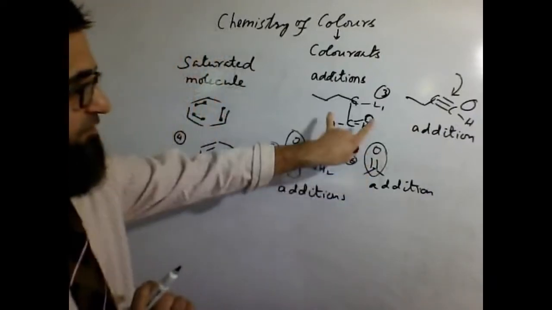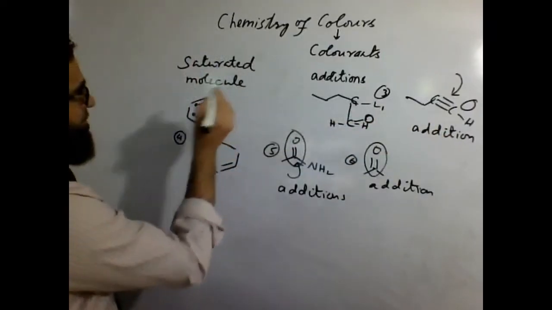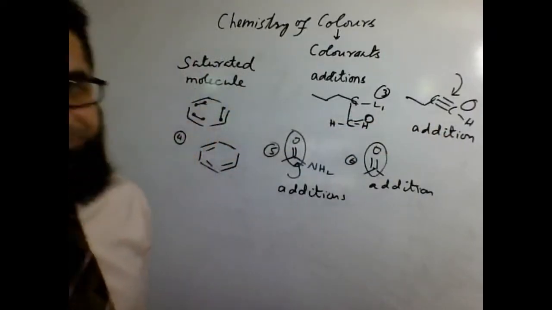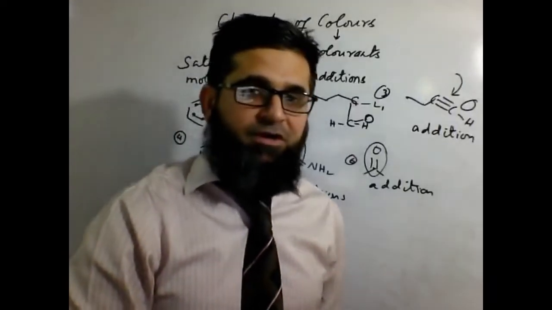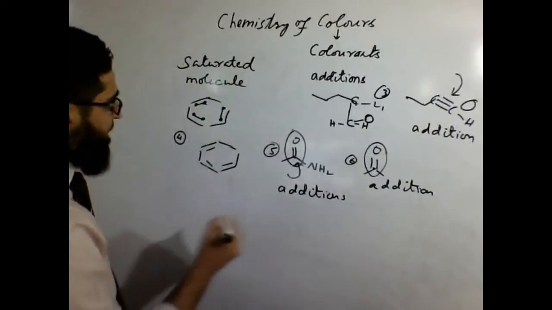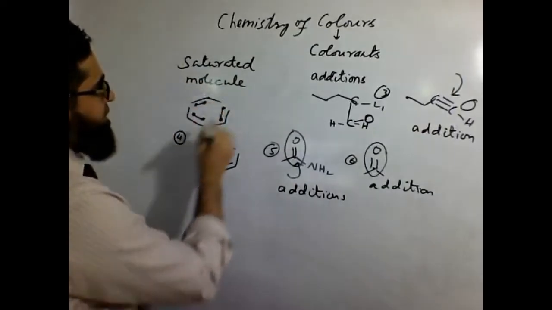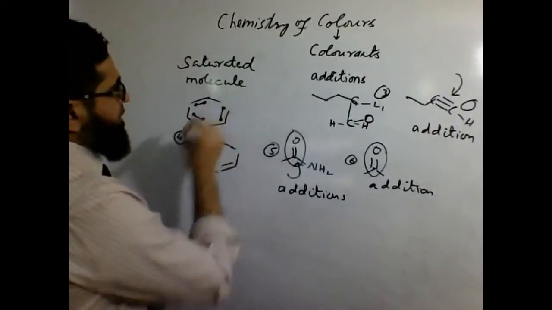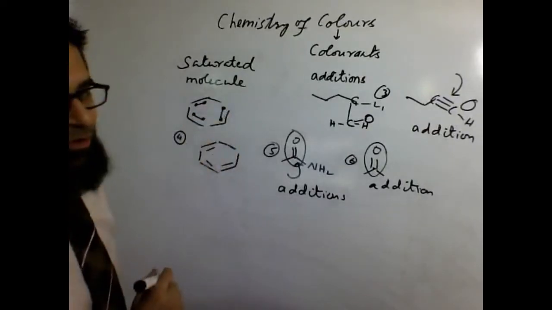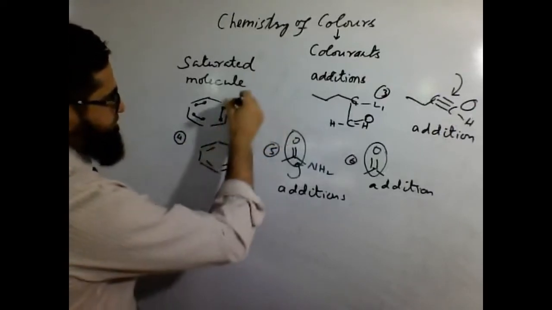That's fine with the linear molecules, but in the case of benzene, these double bonds are not true double bonds. In your FSC classes, you have learned about the structure of benzene. Over there, it has been well explained that these double bonds are not true double bonds, they are more like single bonds.